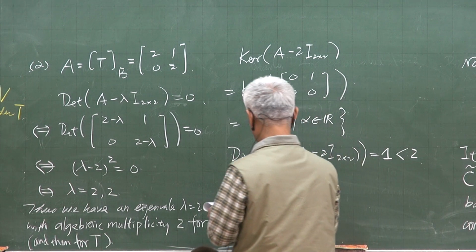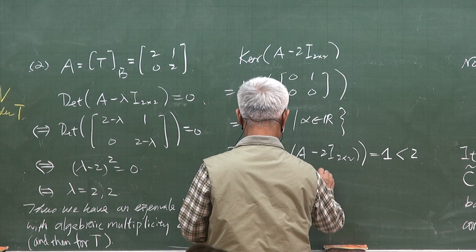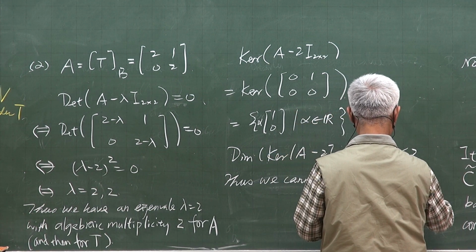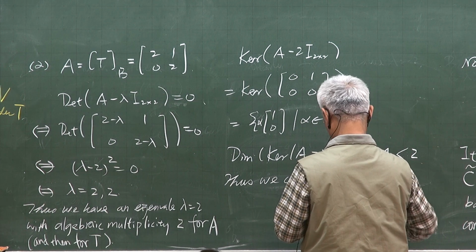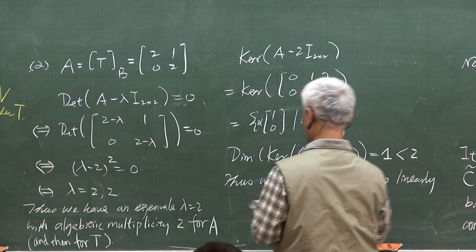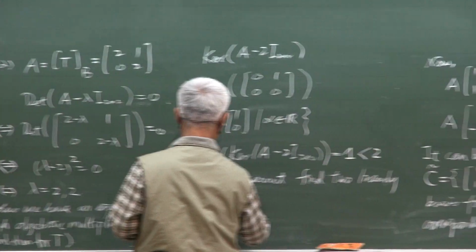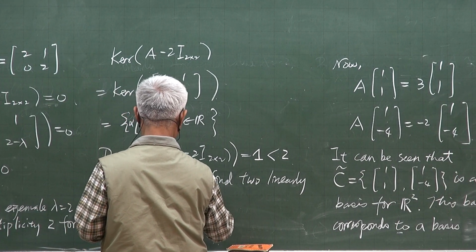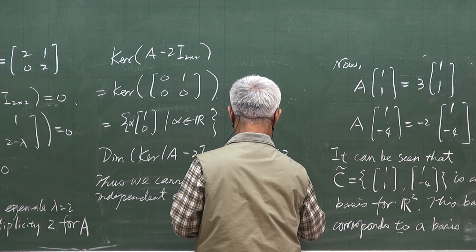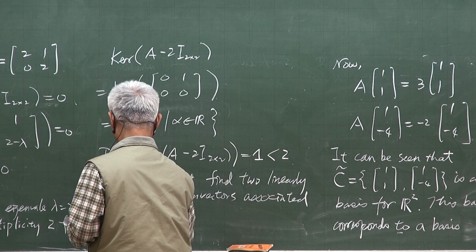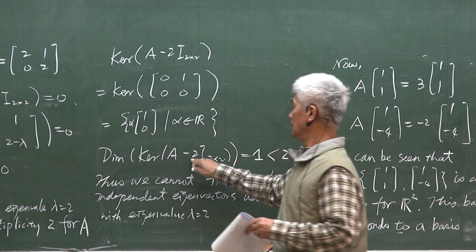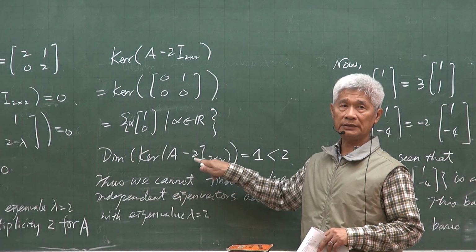But we cannot find two linearly independent eigenvectors associated with the eigenvalue 2, because this kernel has dimension 1 only.